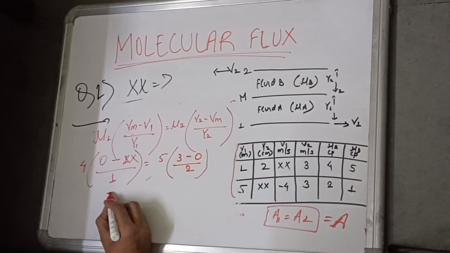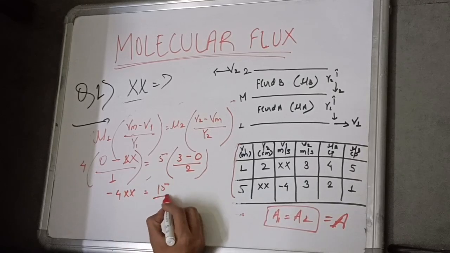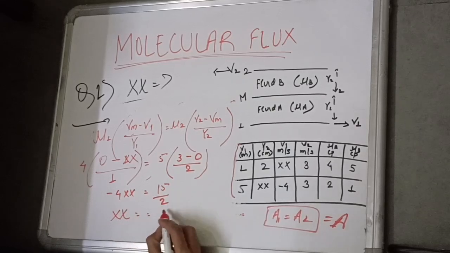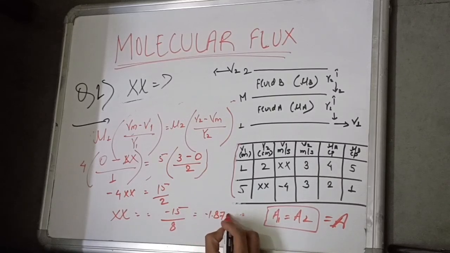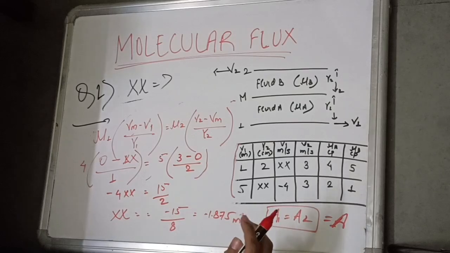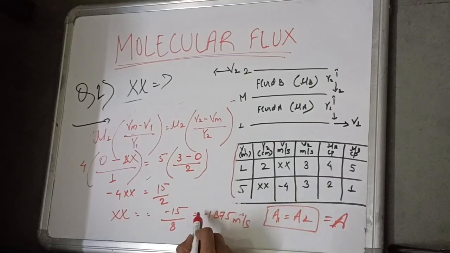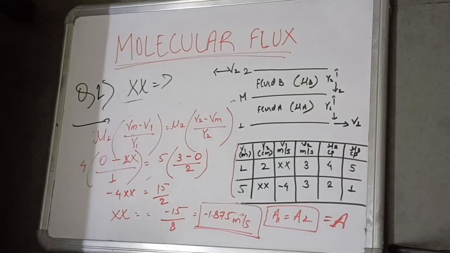We got minus 4x equals 15 by 2. So we have the value of x equals minus 15 by 8, which is minus 1.875 meter per second. This minus sign indicates that x is in the opposite direction with respect to the first plate.